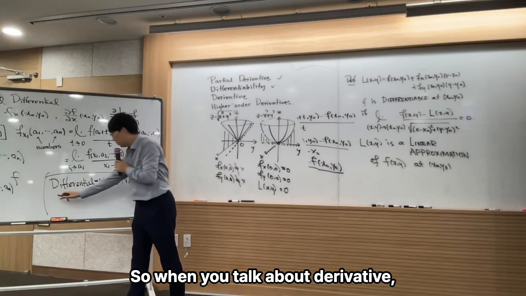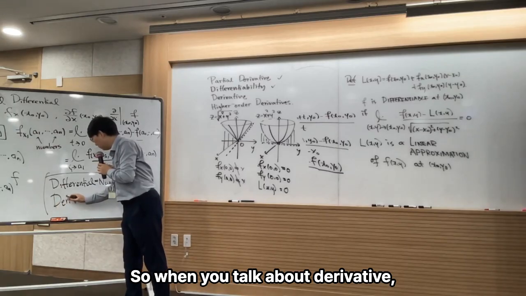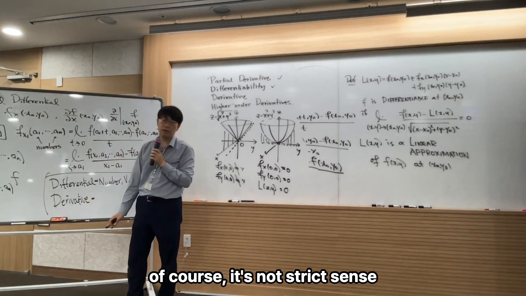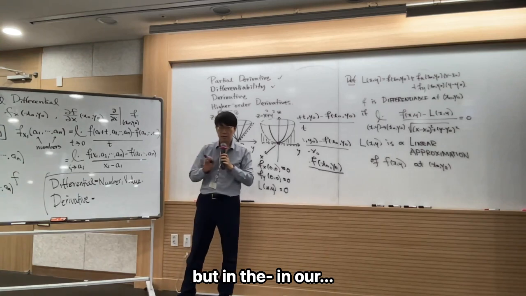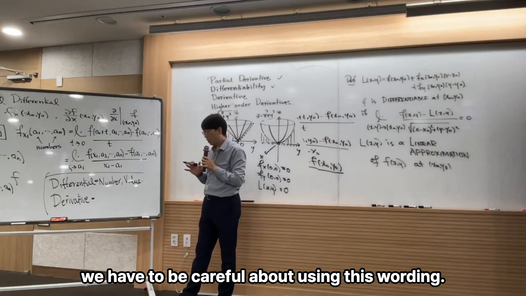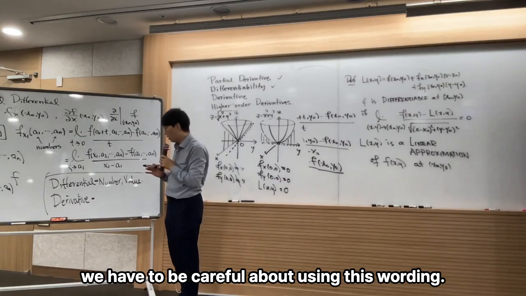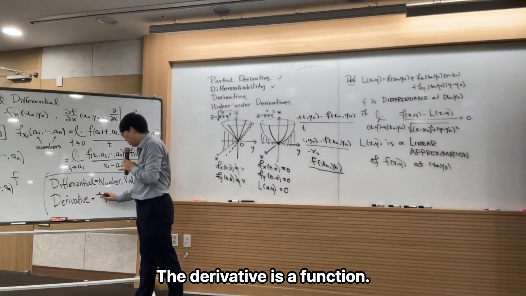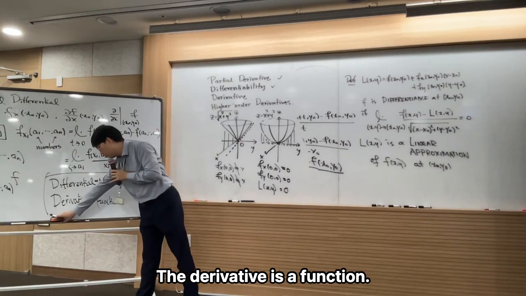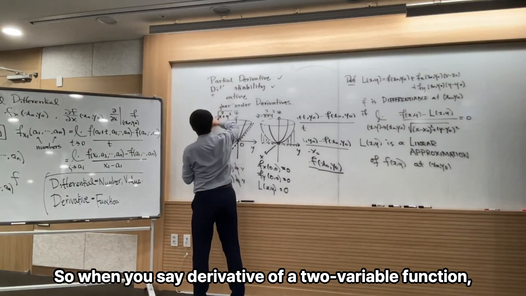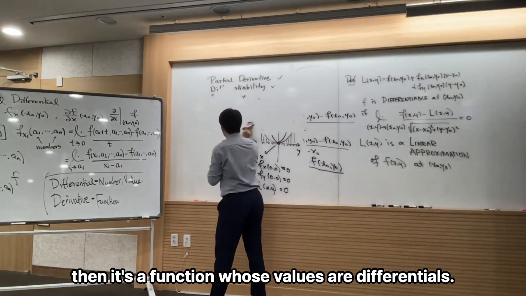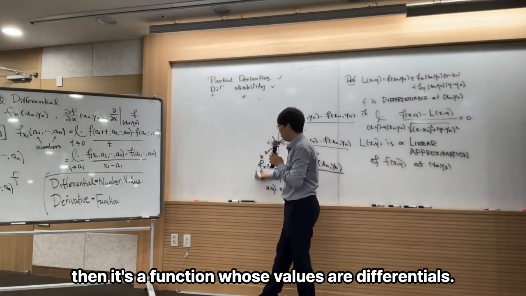When you talk about the derivative, of course, it's not in the strict sense, but because we are learning this for the first time, we have to be careful about using this wording. The derivative is a function. So when you say the derivative of a two-variable function f of x and y, it's a function whose values are differentials.